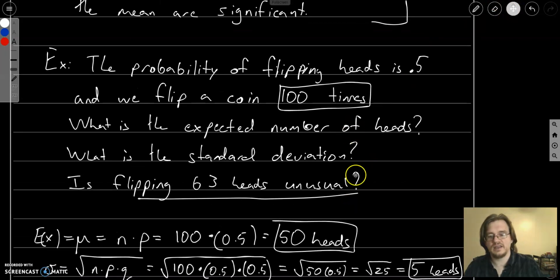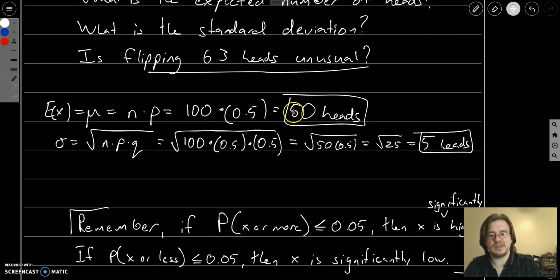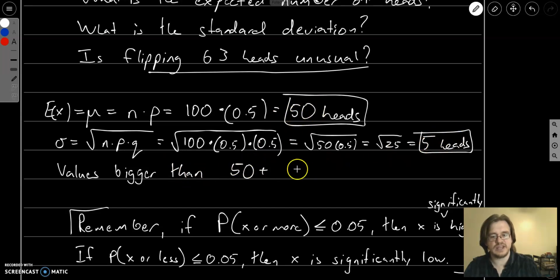So down here, if our mean is 50 and our standard deviation is 5, this means that values bigger than 50 plus 2 standard deviations, which is going to be 60, are significant.